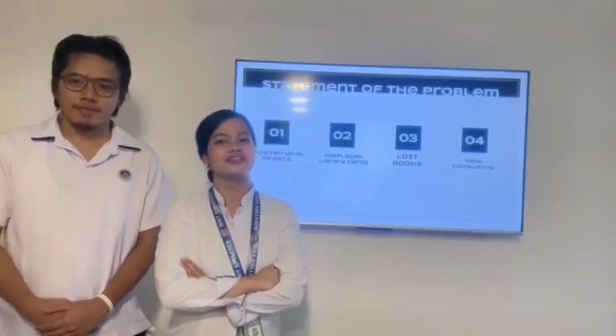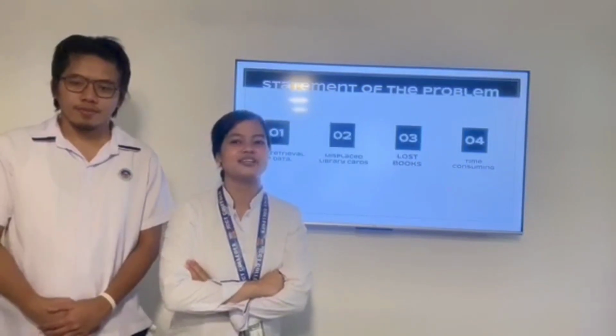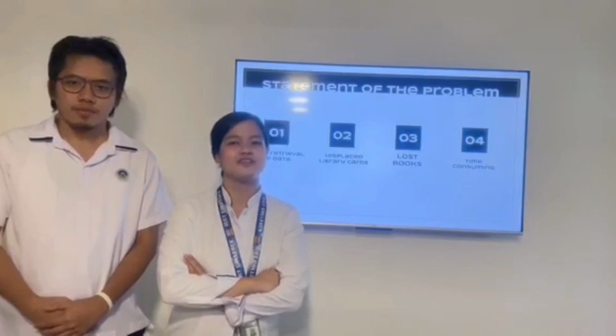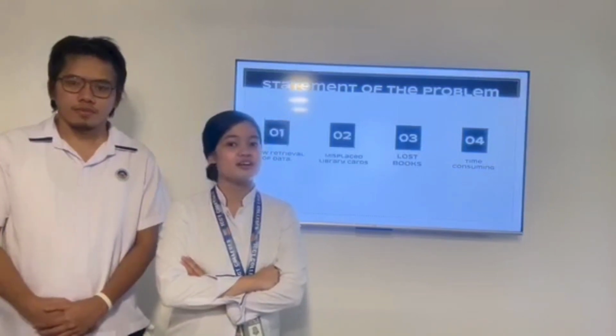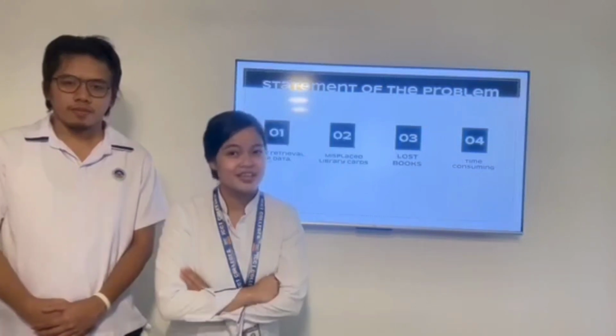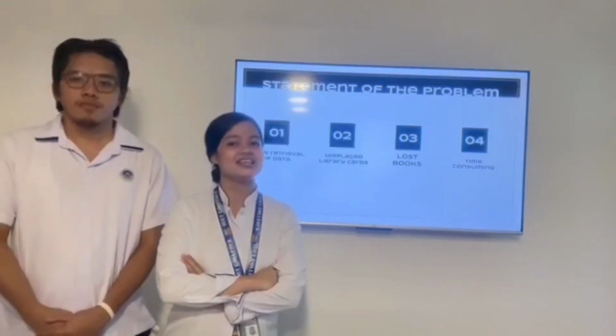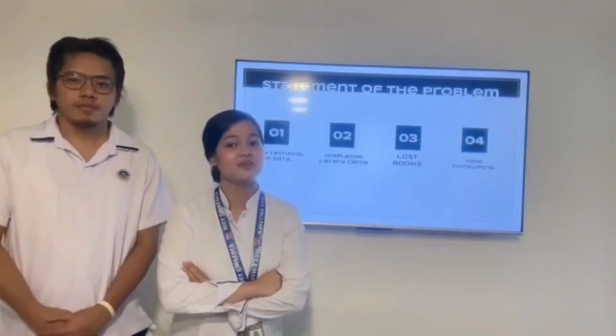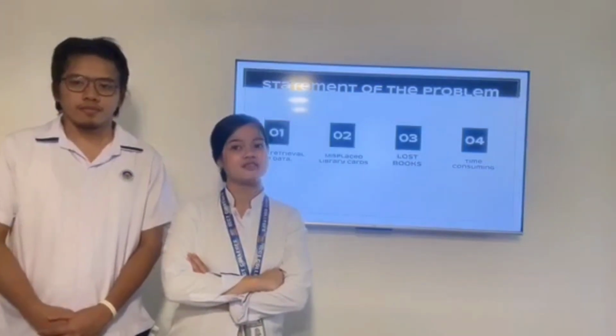First is the slow retrieval of data. With a manual transaction, it can be hard to view library reports, thus resulting in slow issuing and reporting of items. The librarian cannot easily give updated and real-time inventory counts.